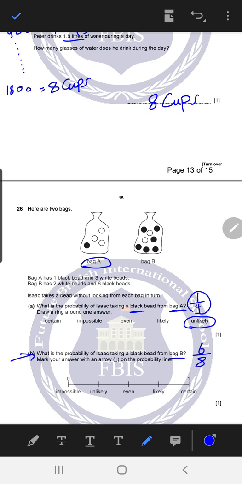It's not even because it's not 4 over 8, so it's more than this. This will be 0 over 8, and this is 8 over 8. This is 2 over 8, 4 over 8, 6 over 8. So it will be here, and it's likely.